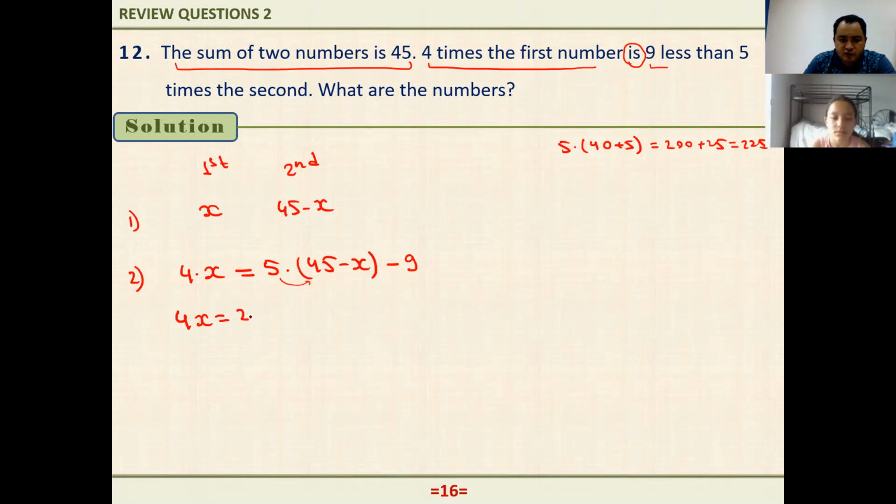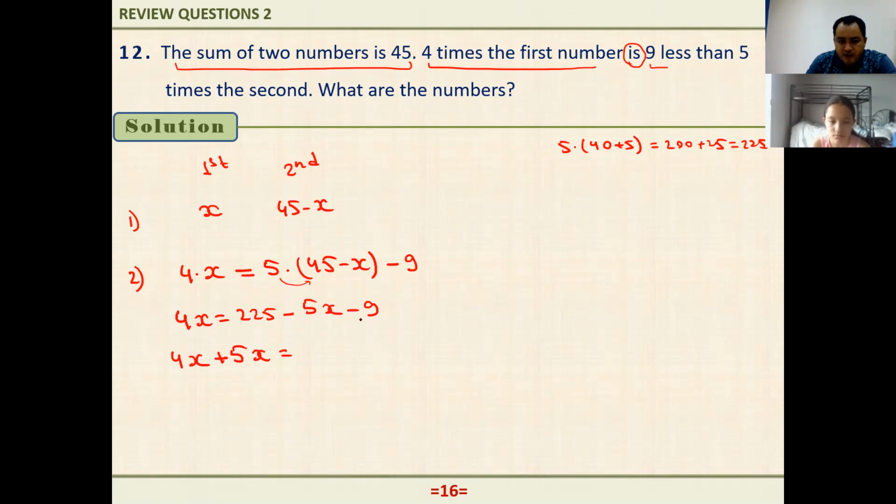So here it is 225 minus 5x, and here we have minus 9. Take the term with the unknown to the left-hand side: it is minus, that's why it becomes plus 5x.